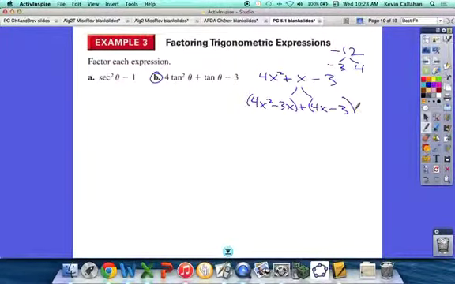We factor. If there's any factoring to do, there always is in the first set of parentheses. What's the common factor? Just an x. x times 4x minus 3 plus 4x minus 3. So this is x plus 1 times 4x minus 3.